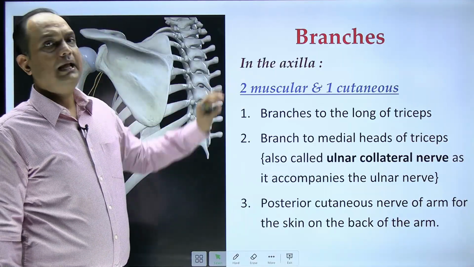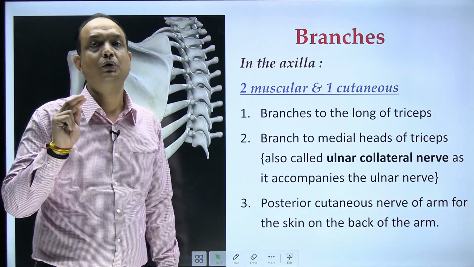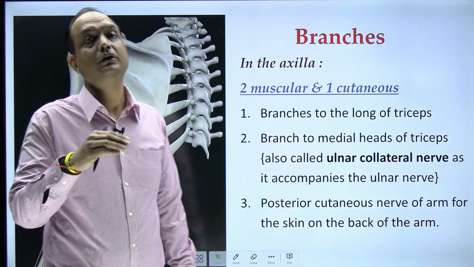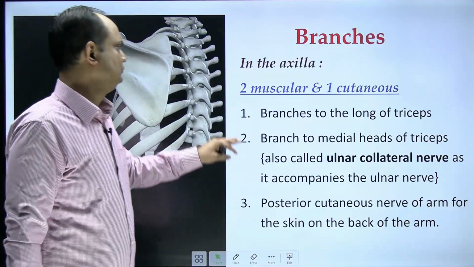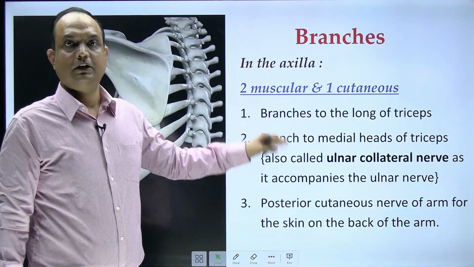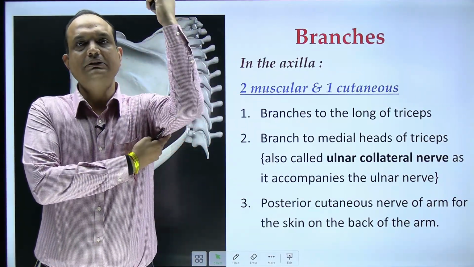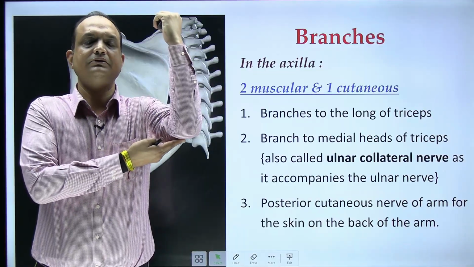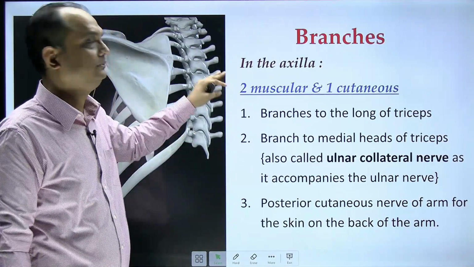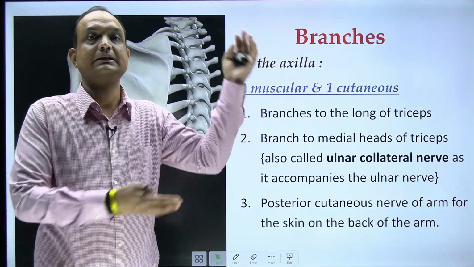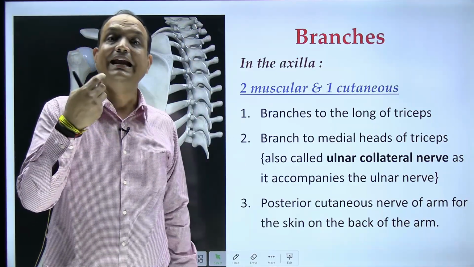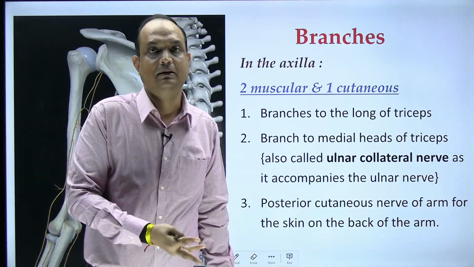In the axilla it is giving two muscular branches and one cutaneous branch. So what are the muscular branches? Now, you know that there is a muscle on the posterior compartment known as triceps. So this is going to supply the triceps, and you know that triceps means there are three heads.